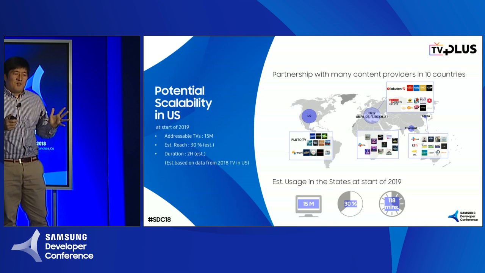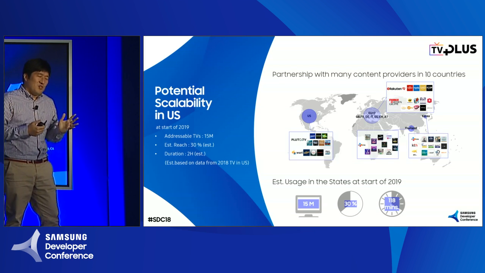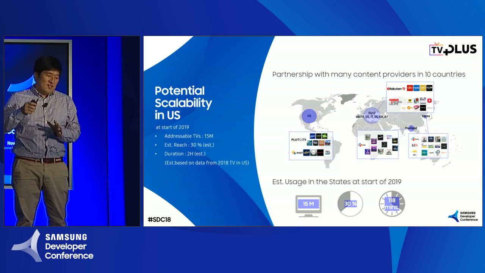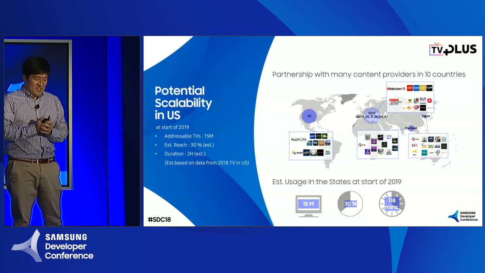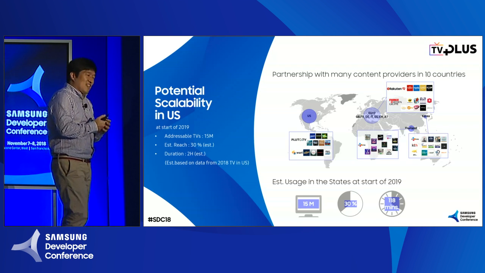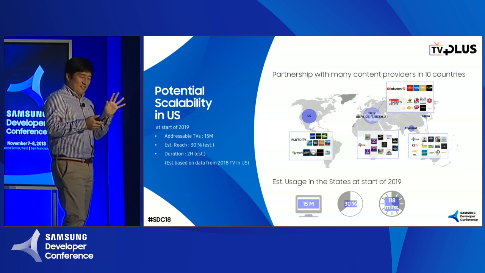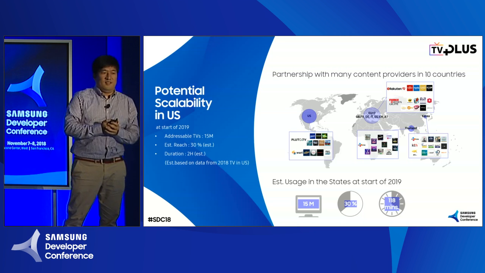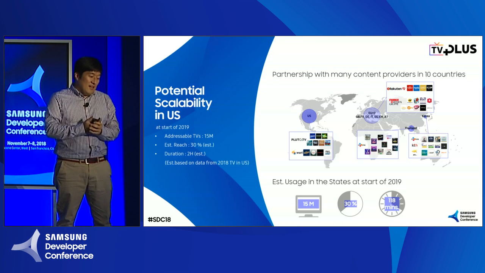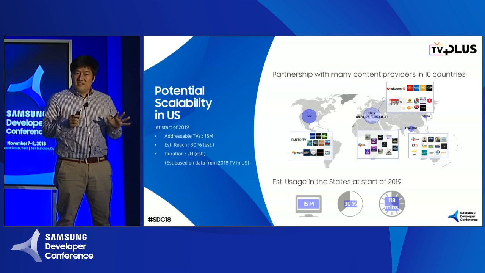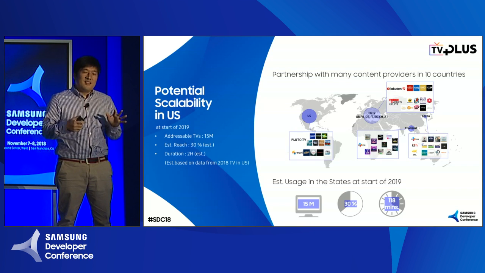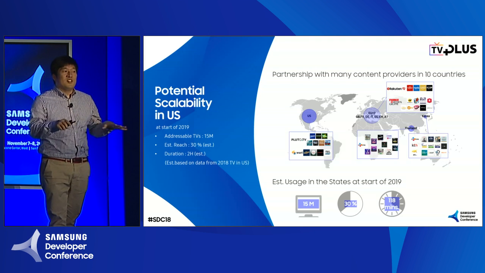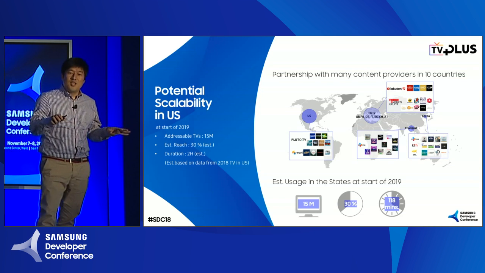We estimated the addressable TVs in the States based on the data from the 2018 product. At the start of next year, there will be 50 million addressable TVs in the US market. At the moment, 12 million TVs are addressable. This means we can, and we're going to, update the TVplus service on the TVs in the US market.